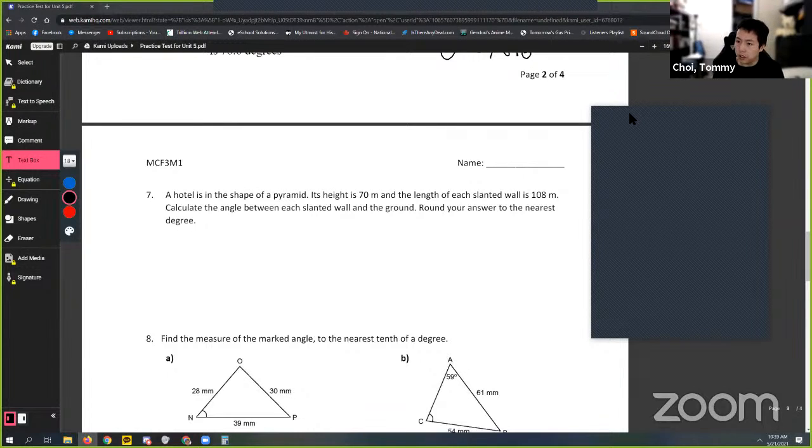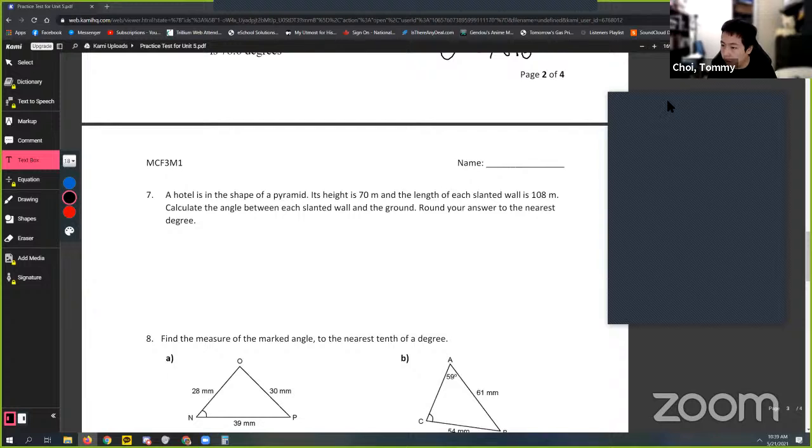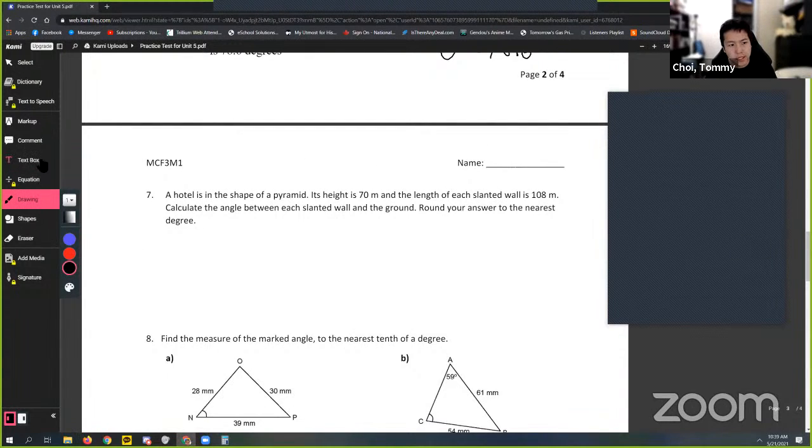Okay, just another 15 seconds. Okay, overall, people said SOHCAHTOA, 4 people, sine law, 6 people, cosine law, 2 people. And then the rest of the people didn't respond.